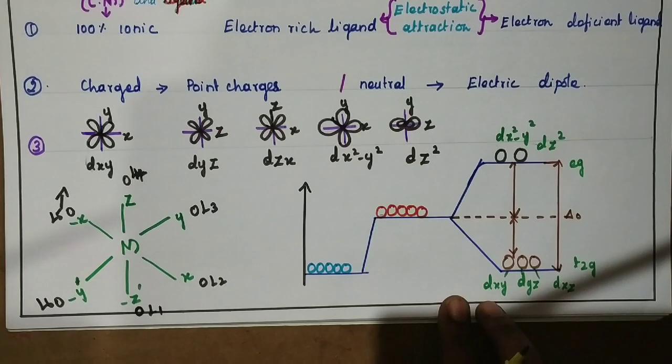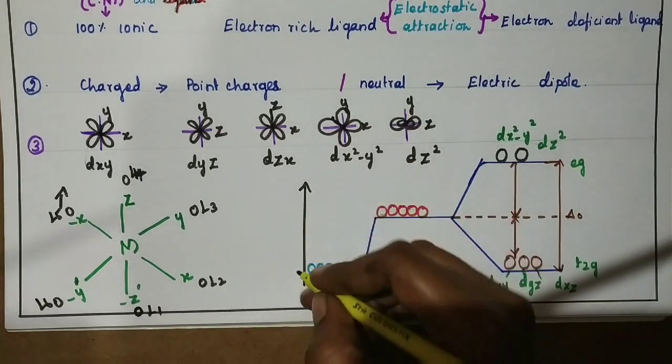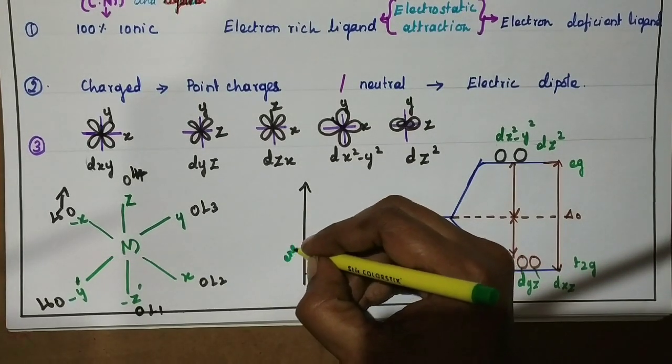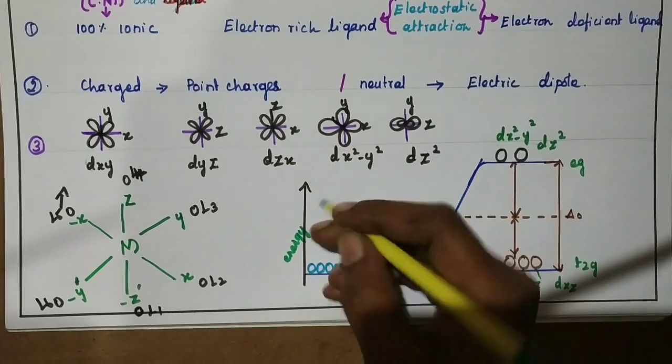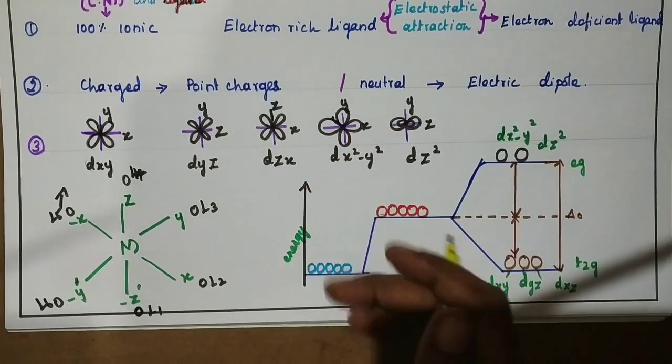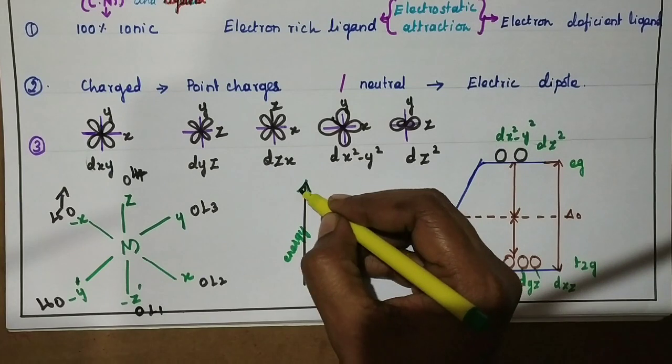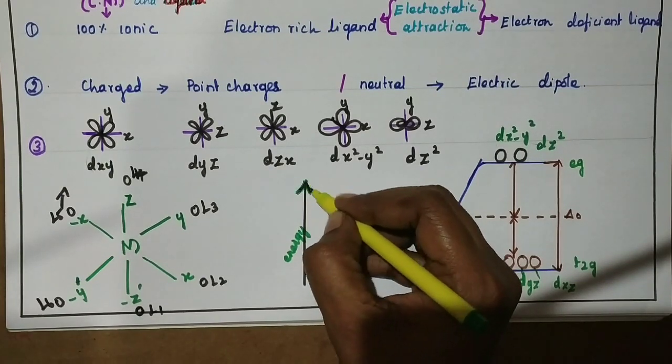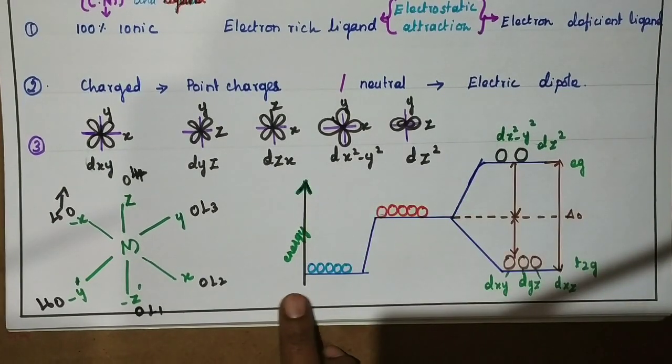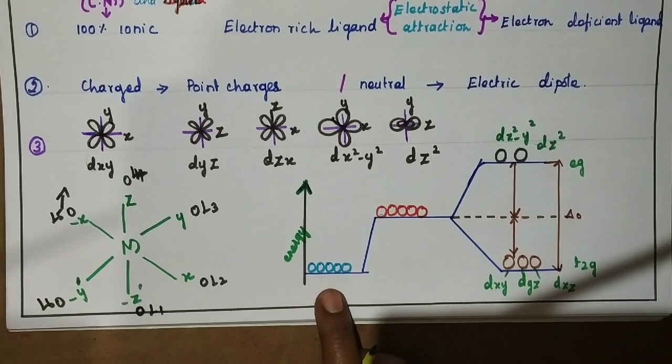Here the axis is energy, increasing upward. First, the d orbitals in the free ion: dxy, dyz, dxz, dx square minus y square and dz square.